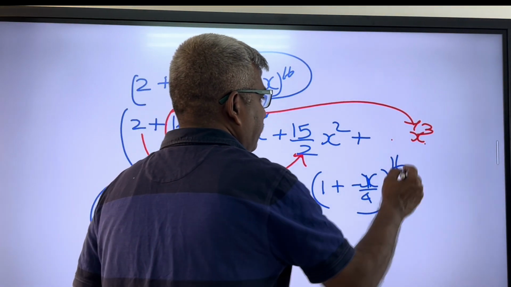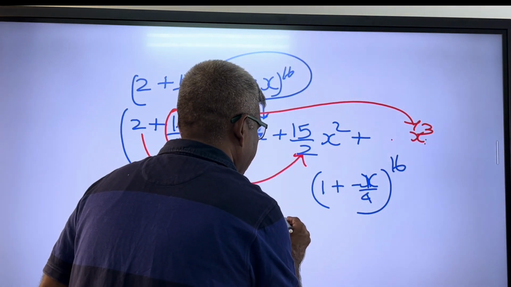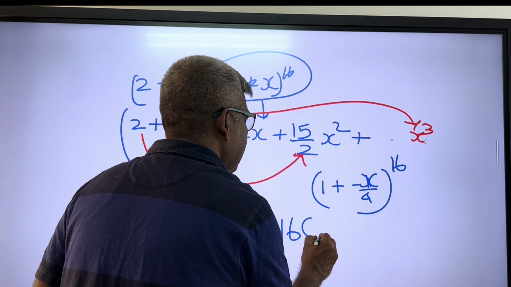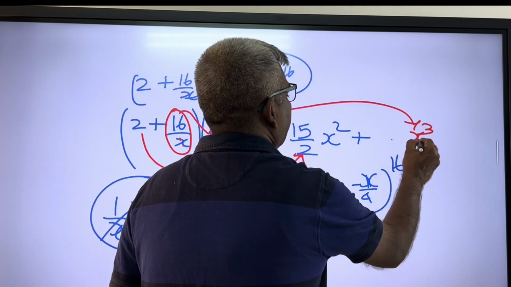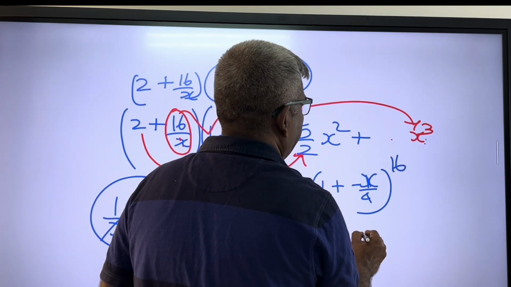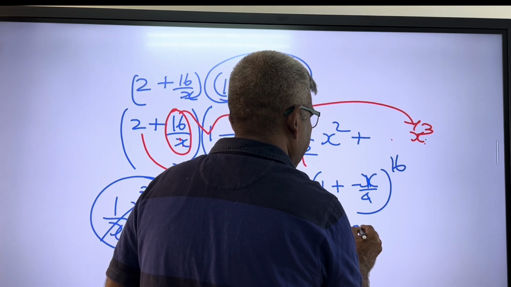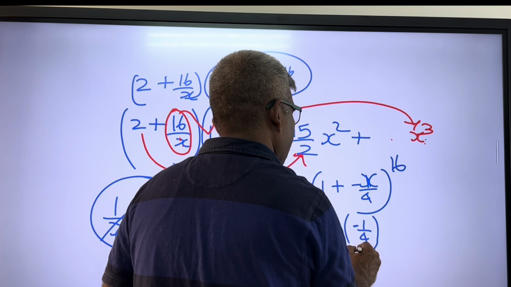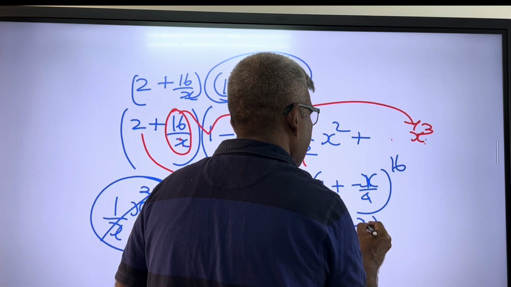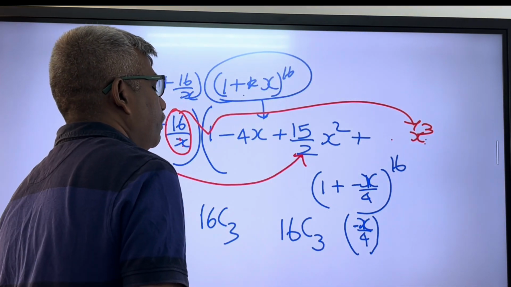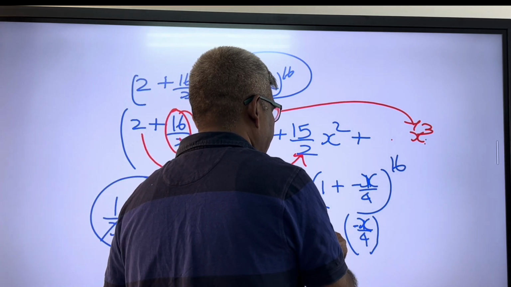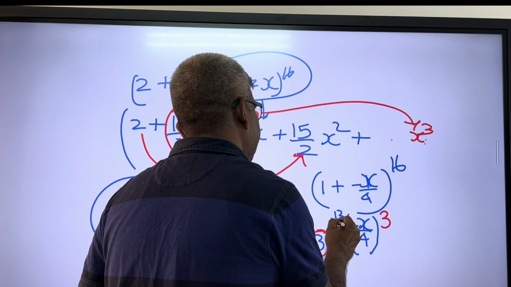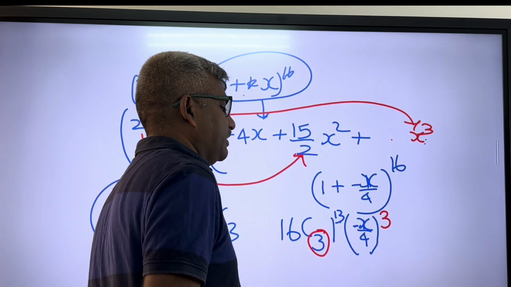Okay, to find the x cube term, first do it one simple way. 16C3 times (minus 1 by 4 x) cubed, that is minus x by 4, here 3, and 1 to the power 16 minus 3. 16 minus 3 is 13.